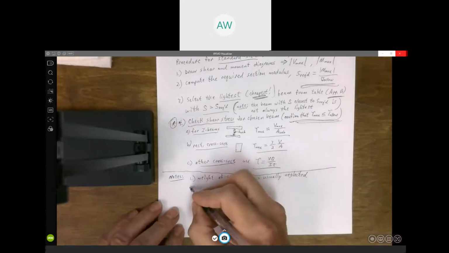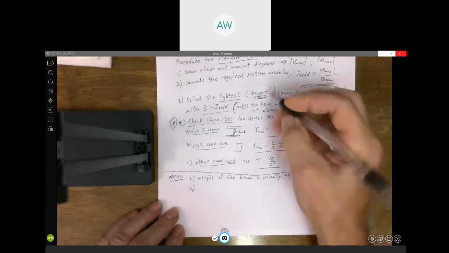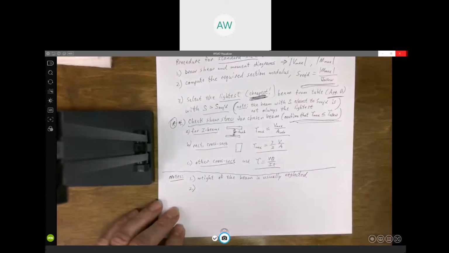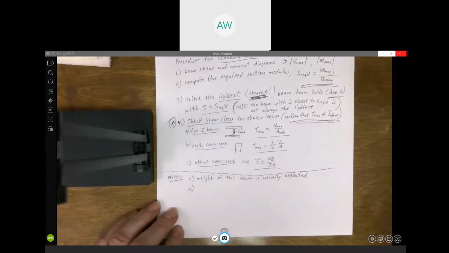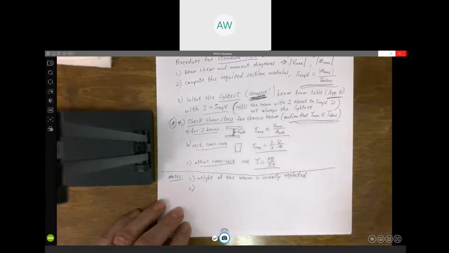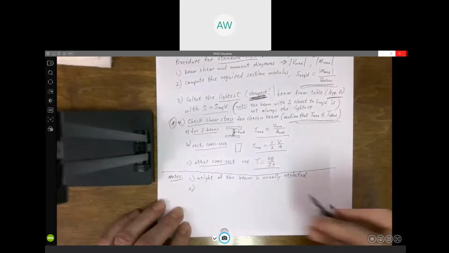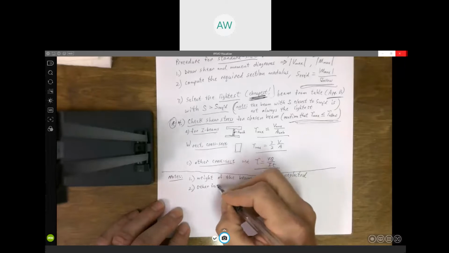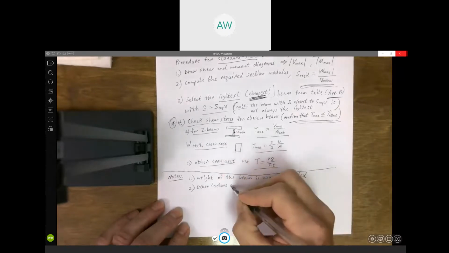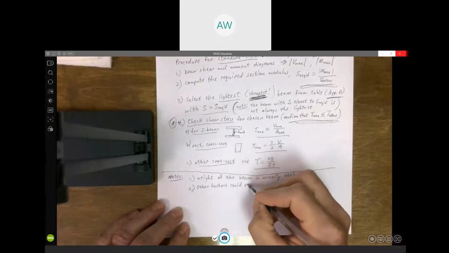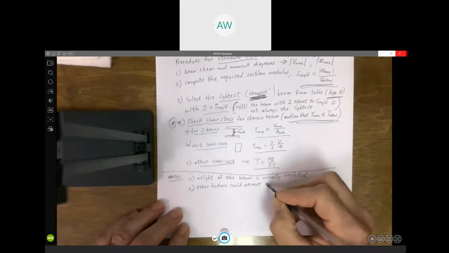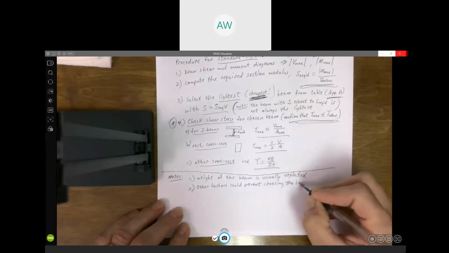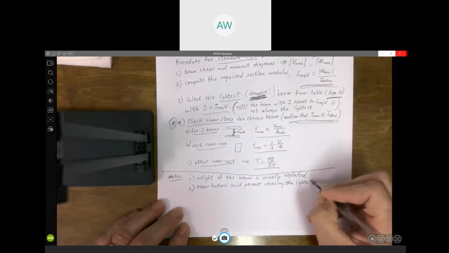Second thing is, I told you up here, we're always going to choose the lightest because it's the cheapest. Occasionally, you will have other factors that could prevent you from choosing the lightest beam.